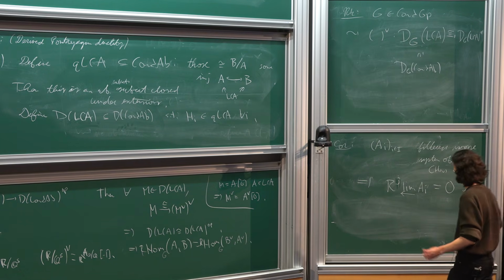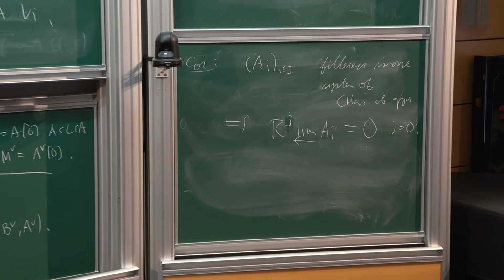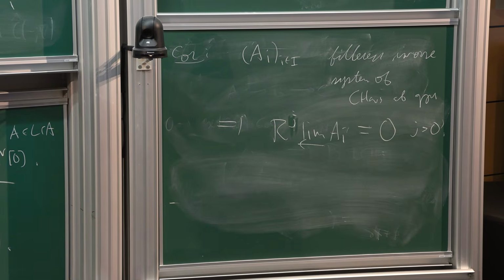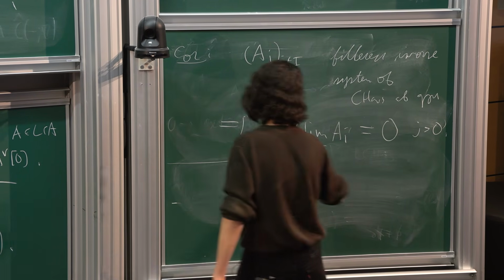So for j bigger than 0, there are no higher derived limits of compact Hausdorff groups, also in the condensed setting.